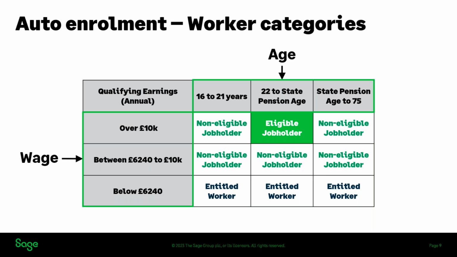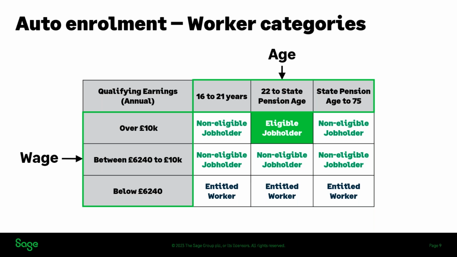So that green square at the top where it says eligible job holder is where most of your staff, I would imagine, will fit in. And anything outside of those criteria, so if they're younger than that age range, or if they're earning below the earnings trigger, that £10,000, would either put them into a non-eligible job holder category or entitled worker.